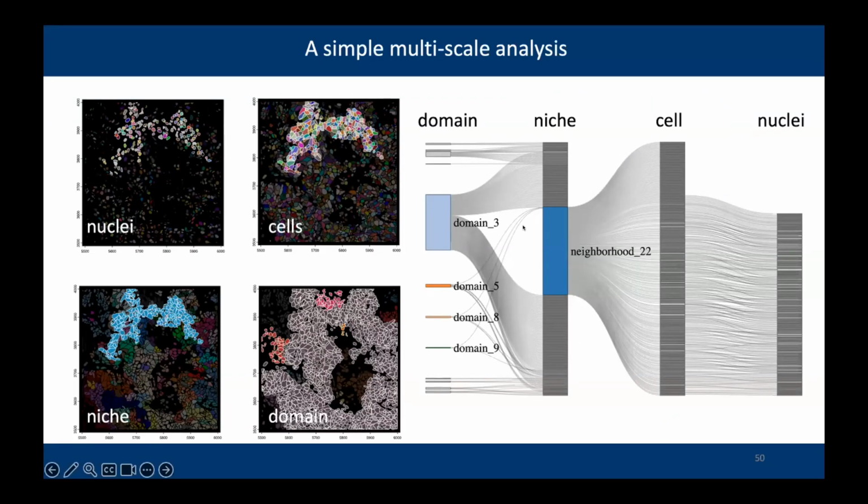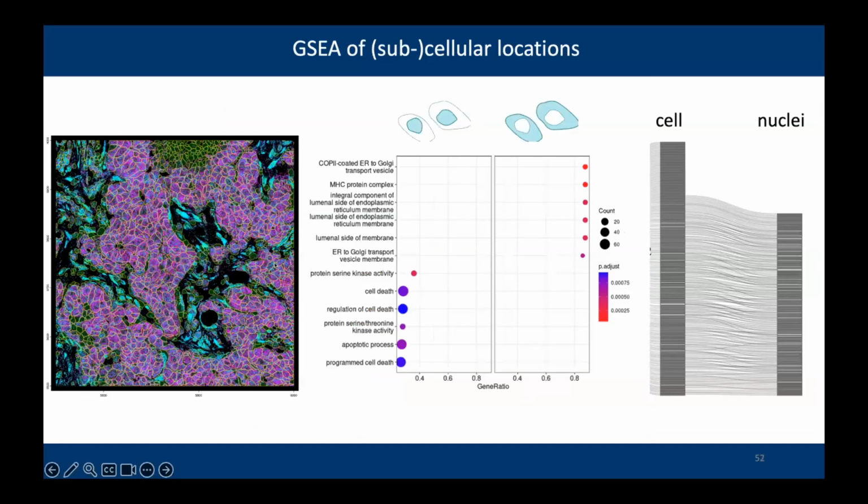So that's on the cell level or higher up, but then you can also think about what if I'm interested in looking at the cell and nuclei. Here we do another very simple analysis, just showing the framework again. We can look at the individual transcripts and ask where they are enriched. Which transcripts are enriched in the nucleus versus the cytoplasm? That can be in your whole tissue, in a specific domain, in some other niche, or based on pathology information.